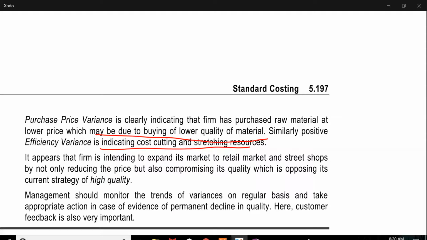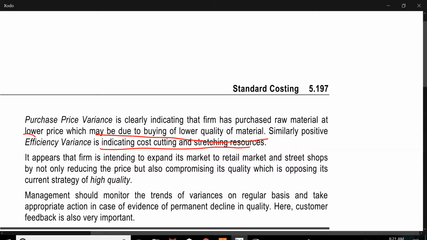Instead, if I write, say, favorable efficiency variance means that the laborers are put under intense pressure to produce the product and their production is happening in a time which is lower than the standard time, and this can indicate a quality issue. Is this different from what I said? No, both are the same, but the way in which you put it is different, and I would want a more polished answer rather than the way in which I tell it. So a more polished solution is what would be required.